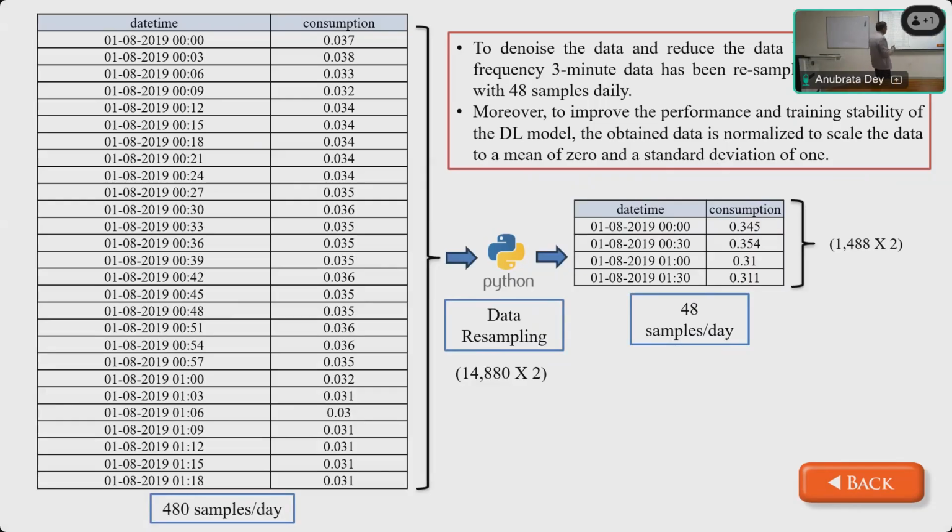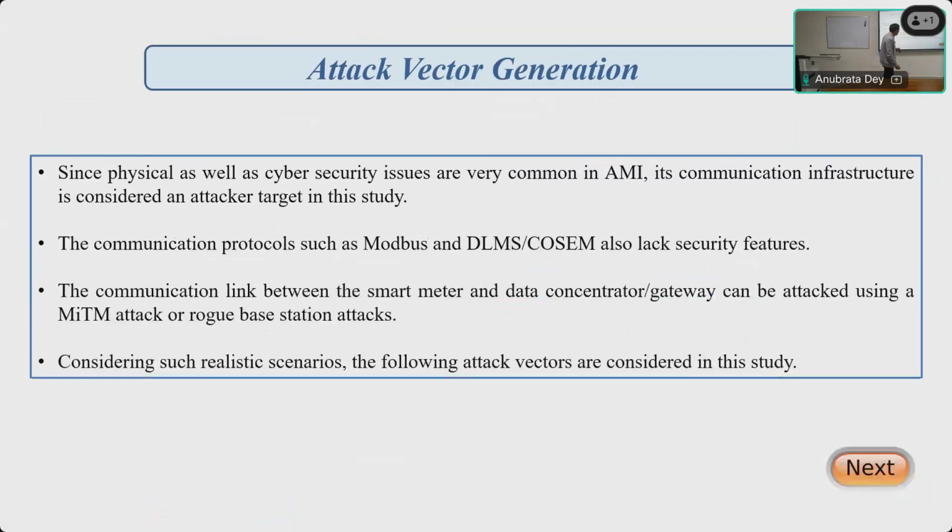We resampled and denoised the data so that we can reduce it from 480 samples per day to 48 samples per day. That resampling we have done in Python, but you can do it anywhere, MATLAB also, or some other tool.